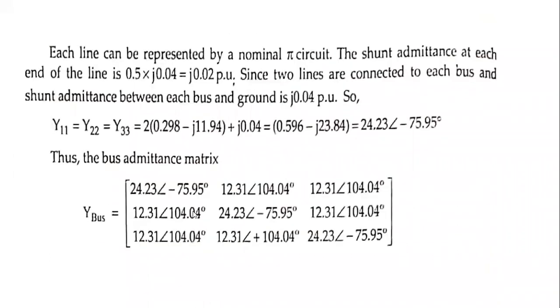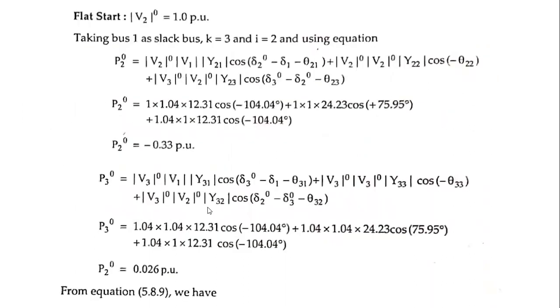Theta 21 is the angle of Y21, that is 104.04. Substituting, this is 0 and this is also 0, then theta 21 is 104.04, minus 104.04.